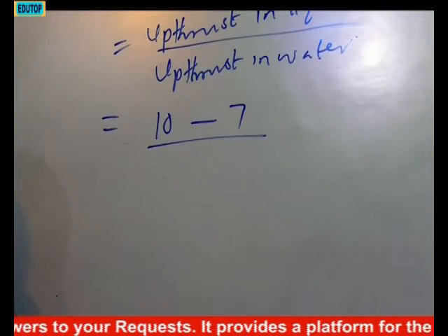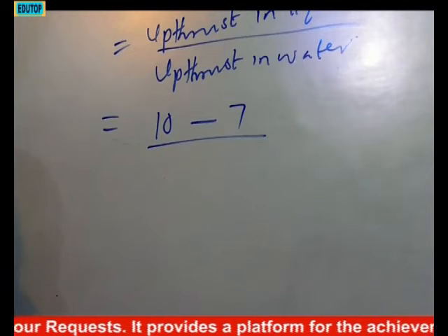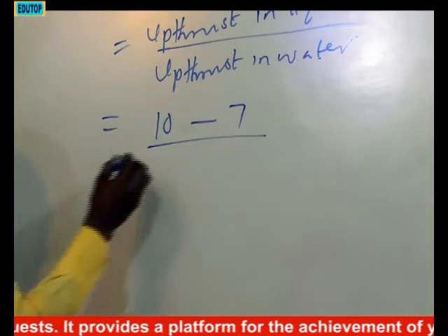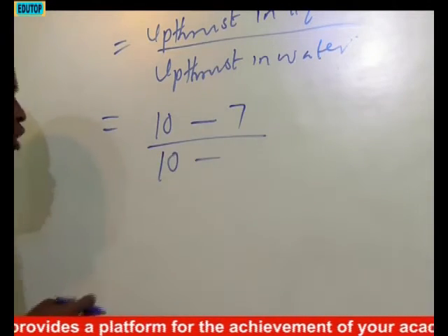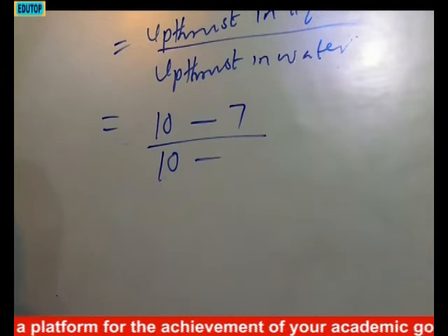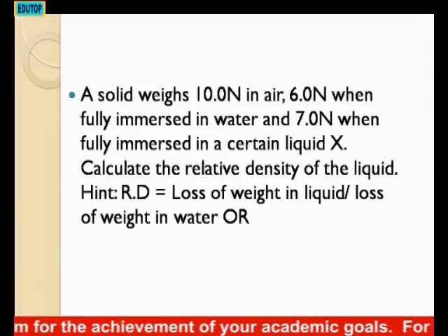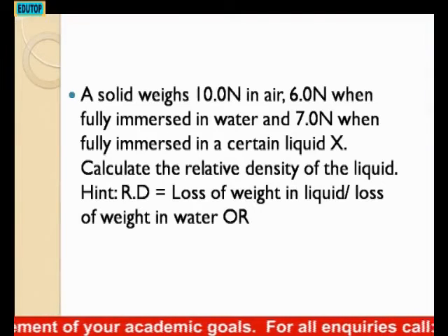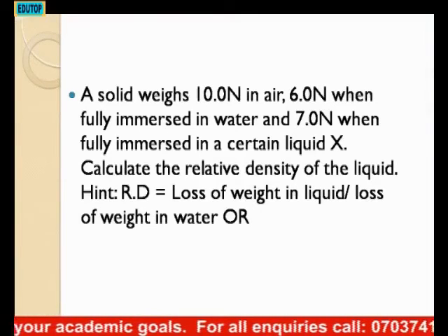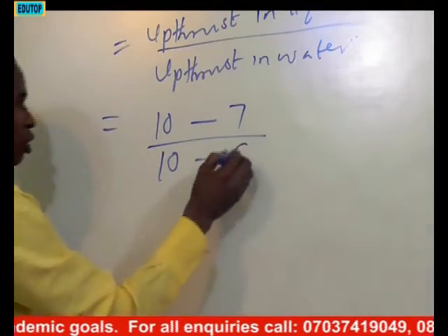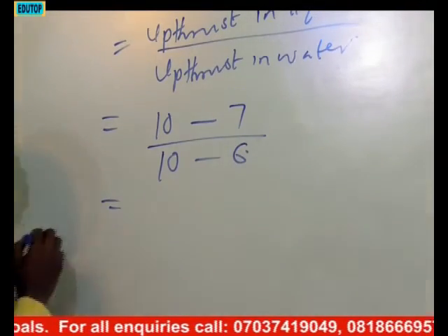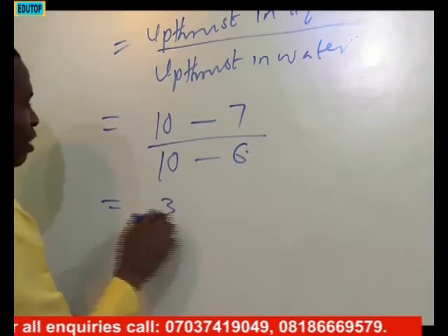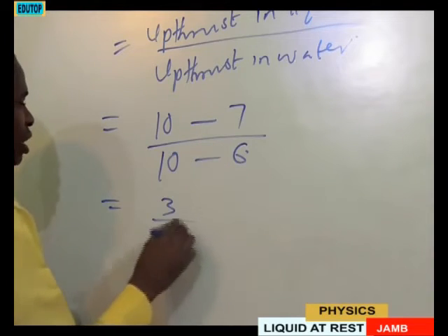Loss of weight in air still remains the same, 10 minus the weight in water, which is 6.0 Newton. So 10 minus 7, that's 3. 10 minus 6, that's 4.